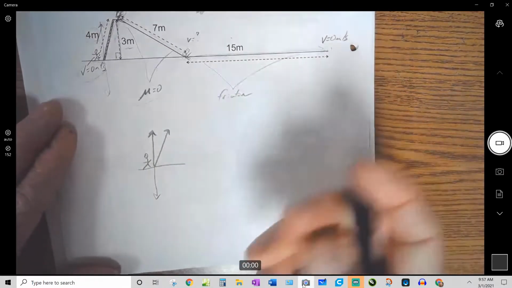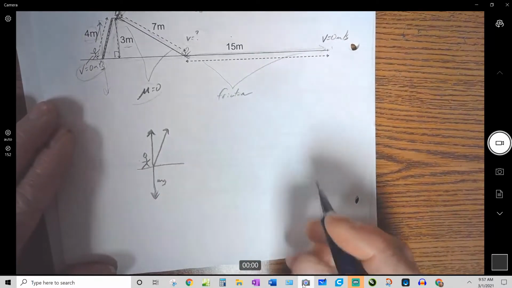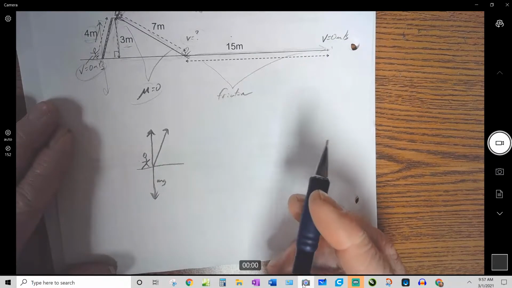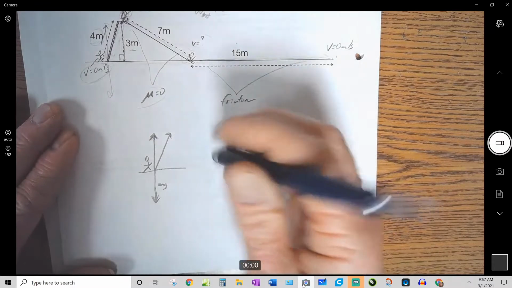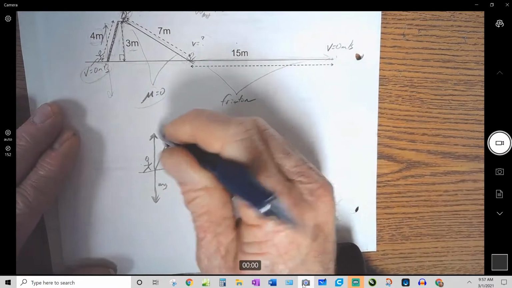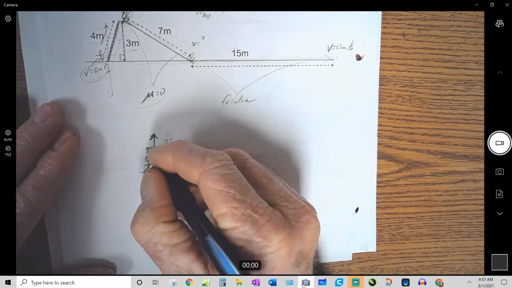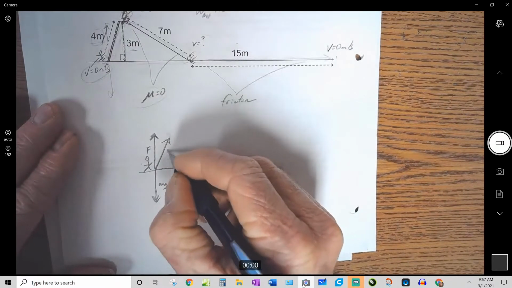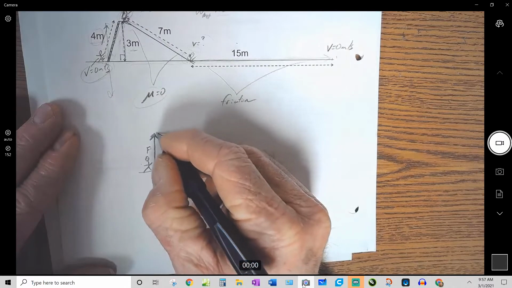Let's see. So this is the child's weight. I have to do a little bit more geometry here, but basically this is the vertical force. This is the force parallel to the ladder, and this would be the force perpendicular.